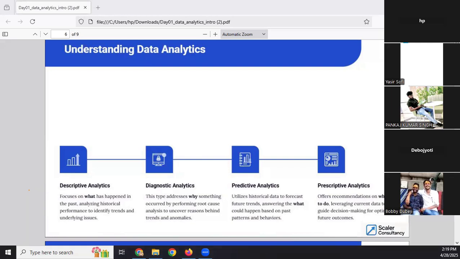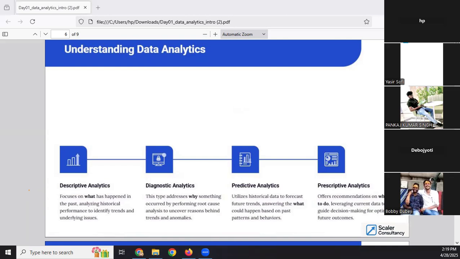So let me say that you are a storekeeper and you have the sales of 1 month. Now you have the sales of January, and you are in the month of February. So January is your past data. Now I give you that data and tell you to identify the trends and insights from this data and underline the issues that we faced in January. So what will you be doing? You will be doing the descriptive analysis, where you will be analyzing the past data.